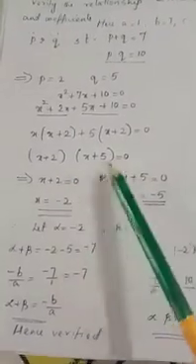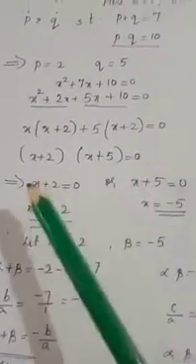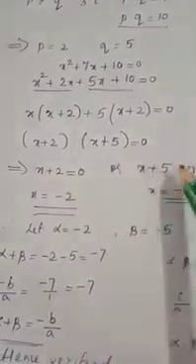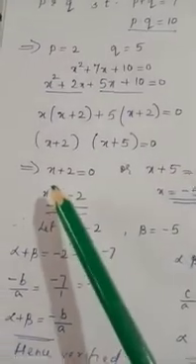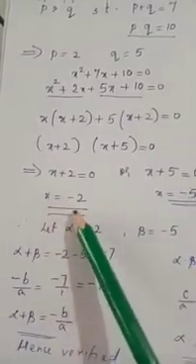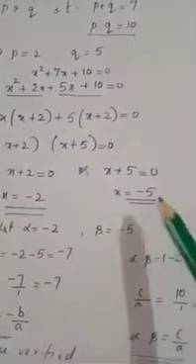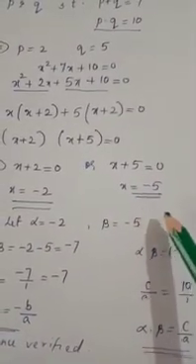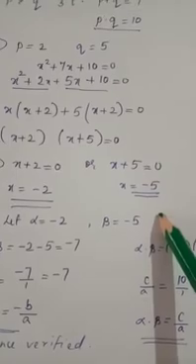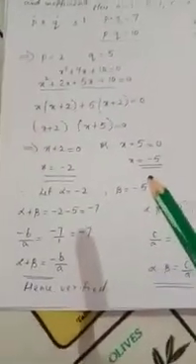When the product of two numbers is equal to 0, it means either the first one is 0 or the second one is 0. So, x plus 2 equal to 0 gives x is equal to minus 2. X plus 5 equal to 0 gives x is equal to minus 5. These are the two zeros of the given polynomial.